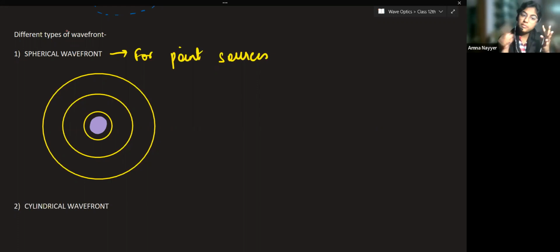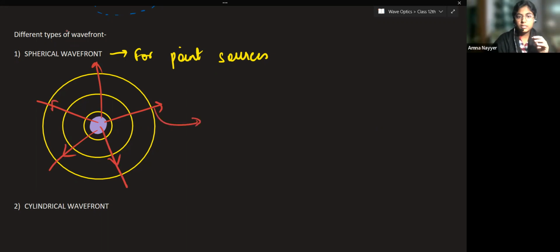But if you want to draw the rays, they will be like this. All the rays will be perpendicular to the wavefronts. So this red portion shows the rays, while these are the wavefronts, and this is your source, the point source which we are referring to.